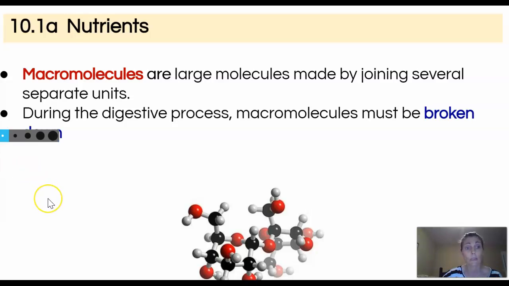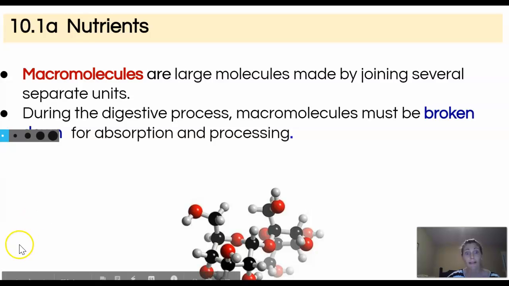And so the only way that they're going to be able to be absorbed by our body is if they're broken down and small enough to pass through the walls of some of our body parts, including our small intestine.